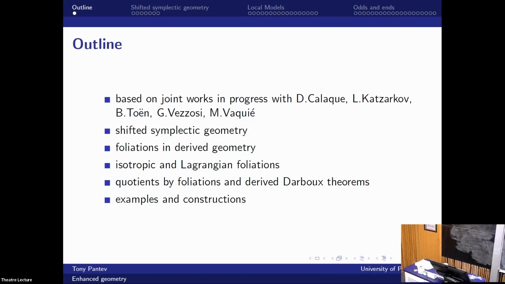So I'm going to talk about foliations in derived geometry briefly, and then talk about these derived Darboux theorems, which are the theorems that produce the functions, and then show you some hopefully interesting examples.